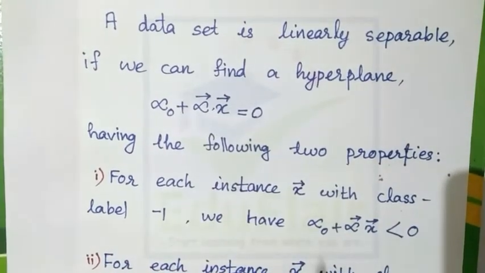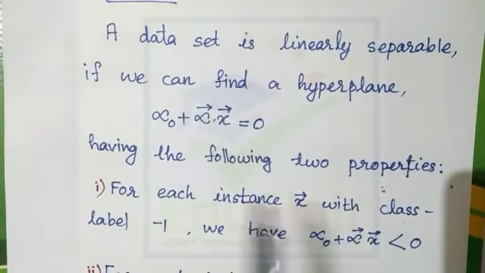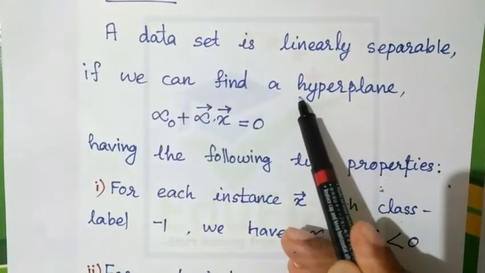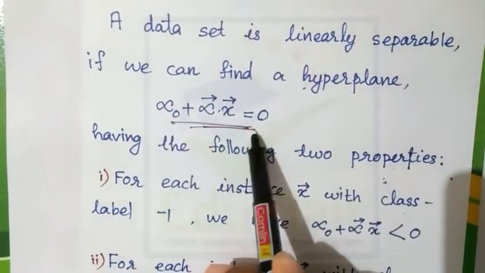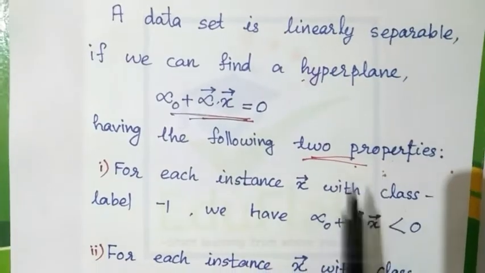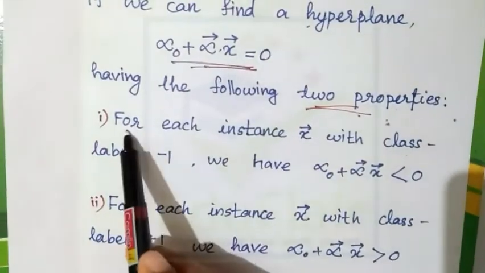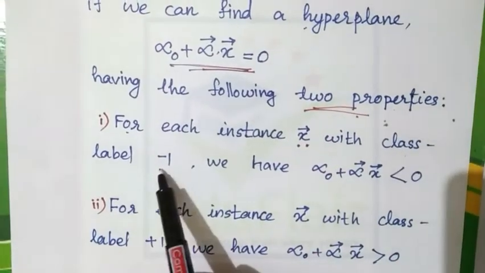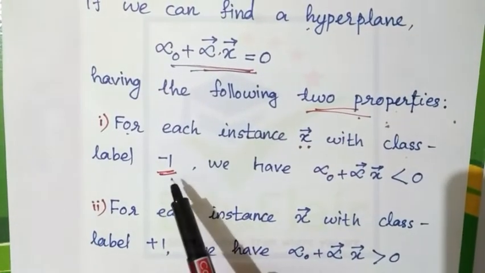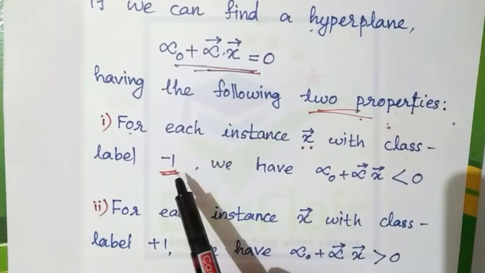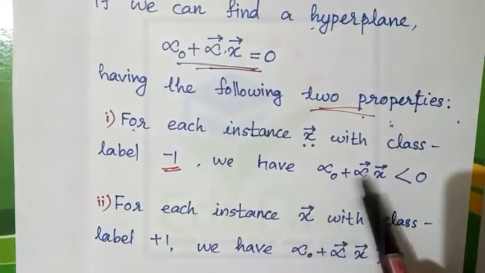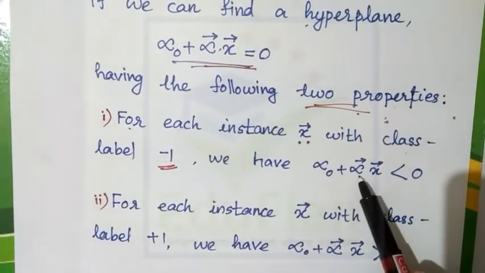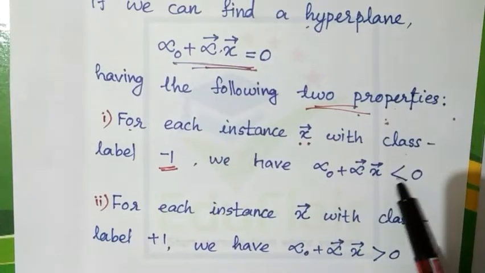That is, for our dataset to be called linearly separable, it should be possible to find a hyperplane of the given form with the two properties. Okay, so what are the two properties? For each instance vector x with class label -1, that is for each negative sample, we have alpha 0 plus vector alpha dot vector x less than 0.